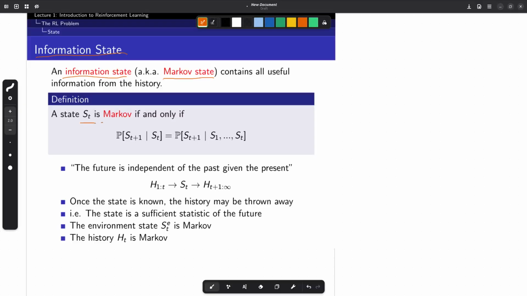a state is called Markov if, based on the state, we can decide what will be the next state.